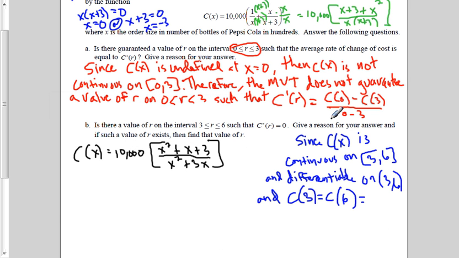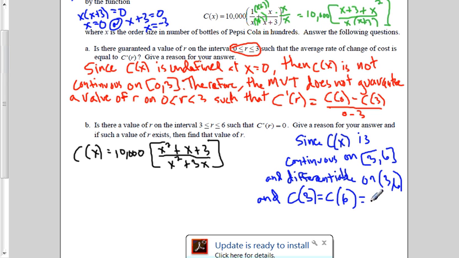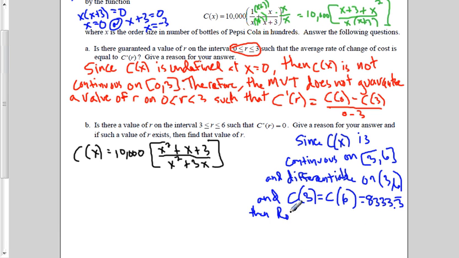So what does that tell me? That tells me that Rolle's theorem is going to guarantee me that some derivative is going to equal 0. And again, we said it's repeating. That's not a big deal. So then Rolle's theorem guarantees a value of r over that interval.